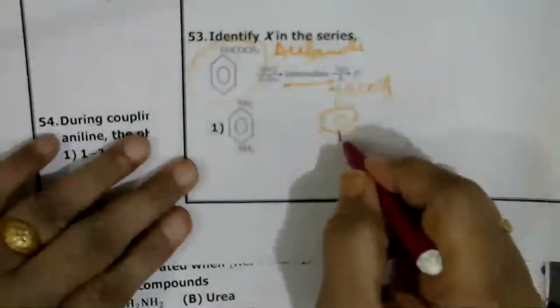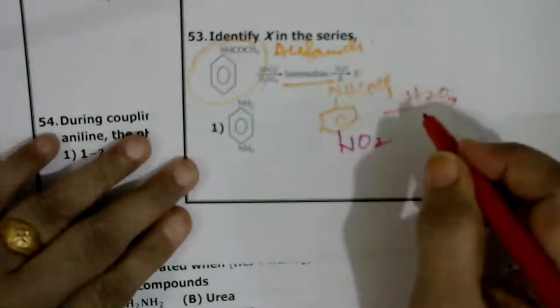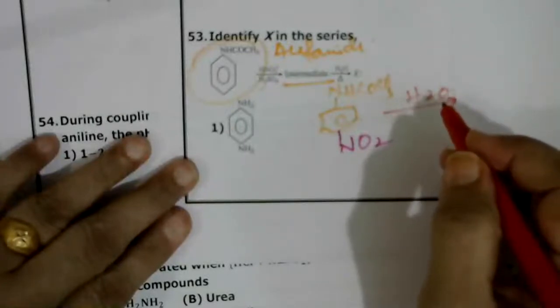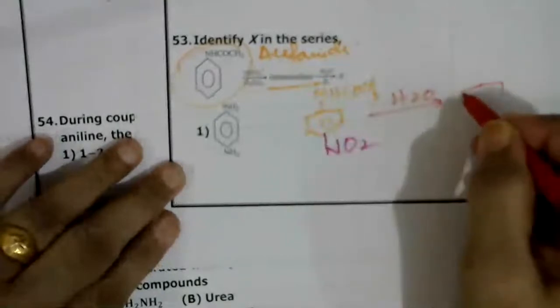That's why we'll write here para-nitro. Para-nitroacetanilide. When this para-nitroacetanilide is treated with water, we are going to get para-nitroaniline.